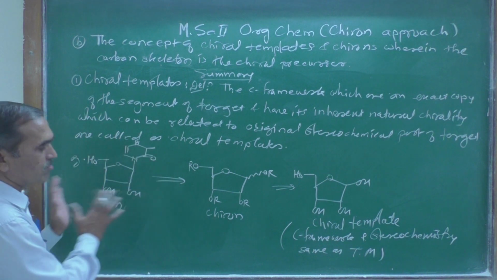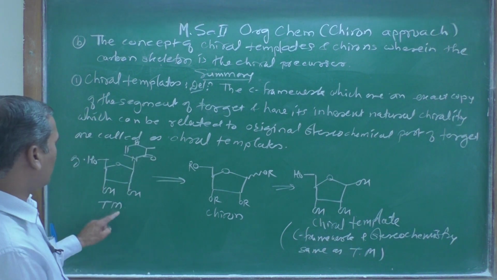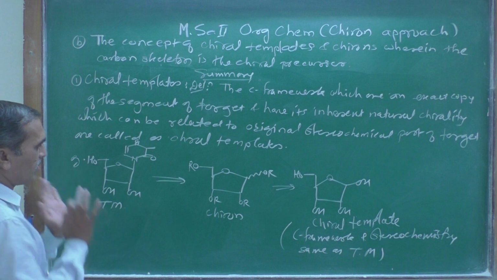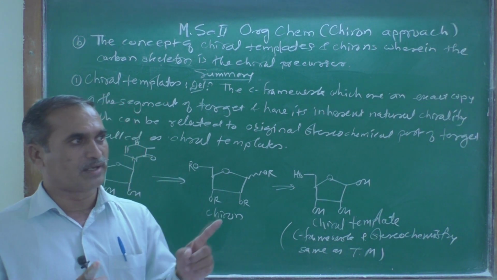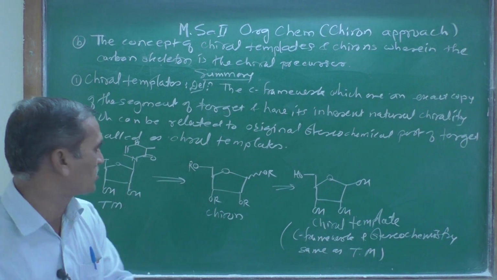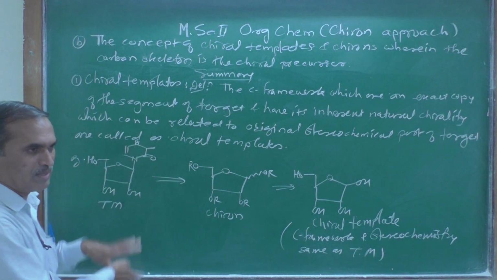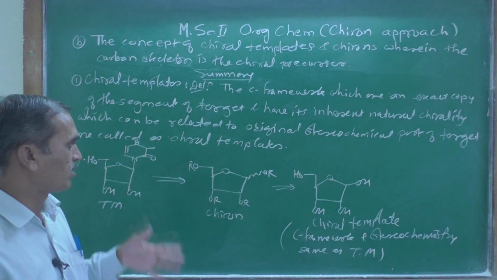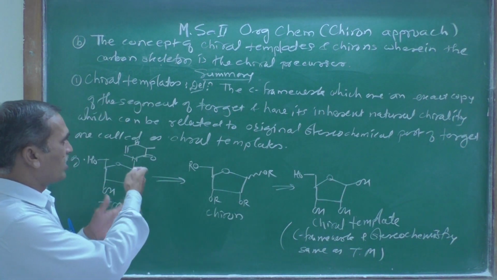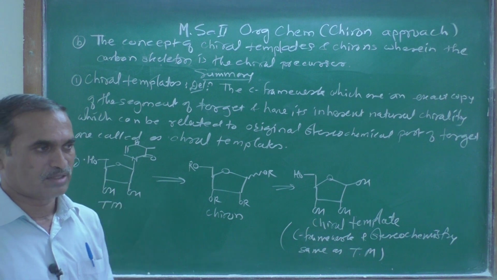Let us see, here one general example is given. The target molecule contains a five-membered ring, a tetrahydrofuran type of structure, which may be attached to some bases, as we know in carbohydrate nucleic acids some bases are there.